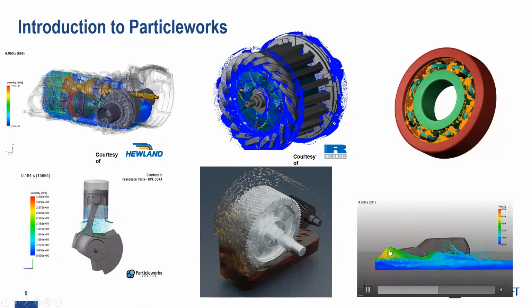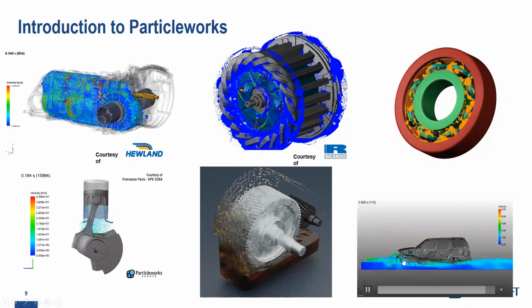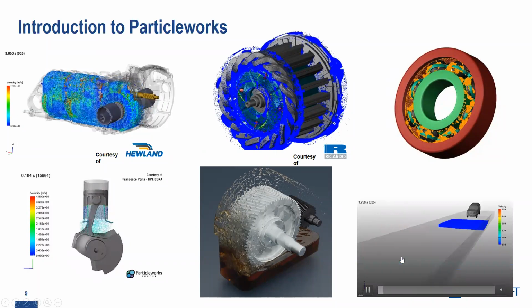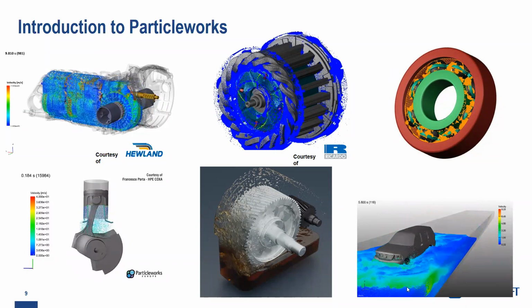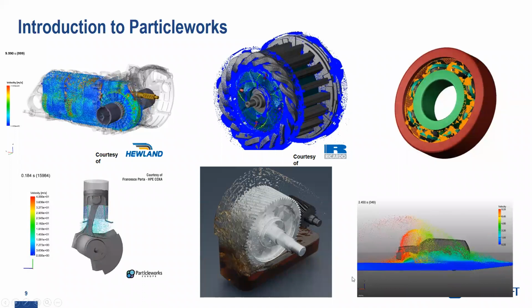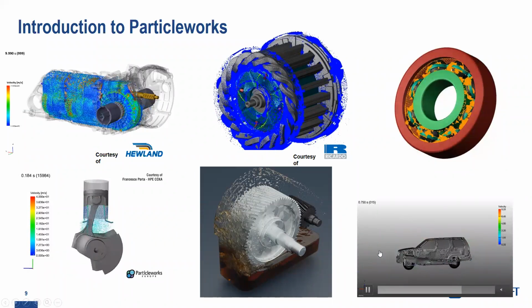And in here we have an application that we will see in the coming slide, of external vehicle contamination, or let's say wading analysis. And this one is actually an example, and we will see it in detail. It's an example of a coupled simulation between RecurDyn and Particleworks.